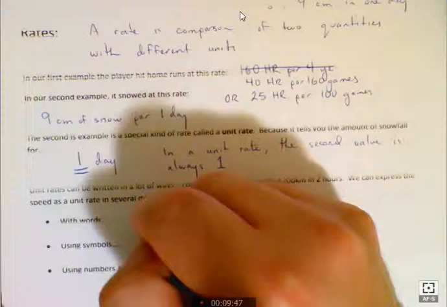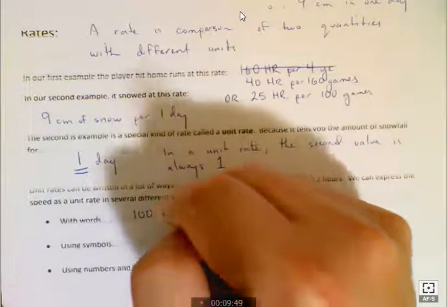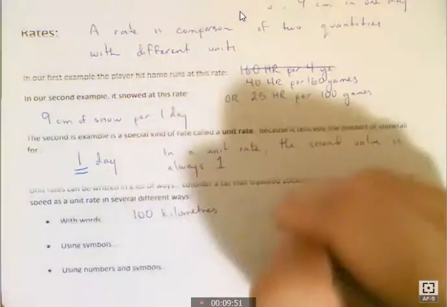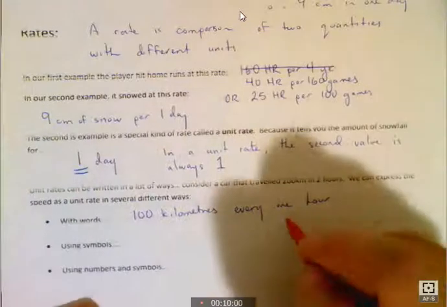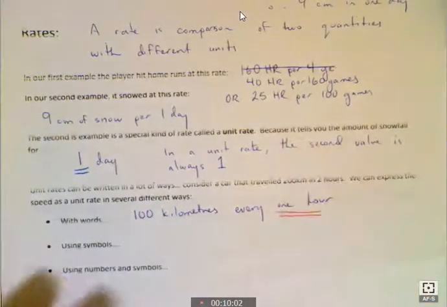So if you travel 200 kilometers in 2 hours, it's not too hard to use mental math and just divide those by 2 to see that the speed as a unit rate is 100 kilometers in words every 1 hour. So that is a way to express the unit rate. The key word, it's a unit rate because it's the kilometers for every 1 hour.